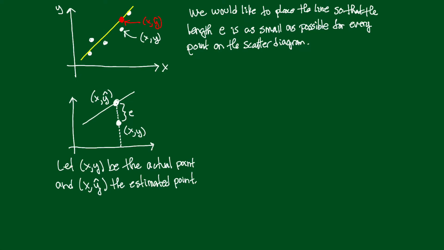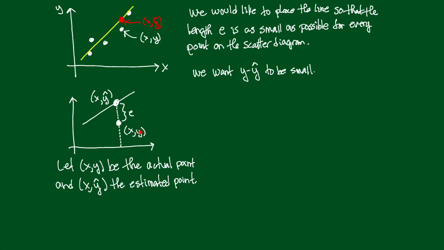So our goal is this. We want to place the line, what height, what angle, so that the length E, that length right there, is as small as possible for every point on our scatter diagram. Minimize this length for every point. Now I'm calling it E here, but what is it actually?